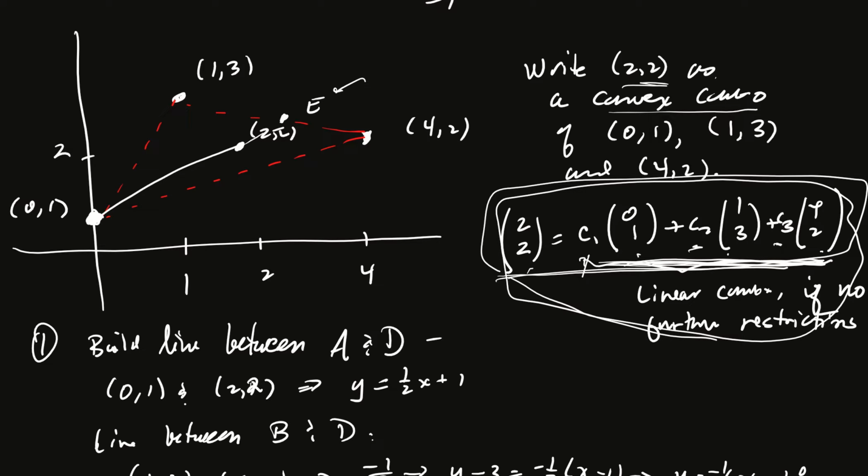Okay, so instead of putting constraints on the constants directly, we were going to reframe the problem so that it's in terms of line segments.